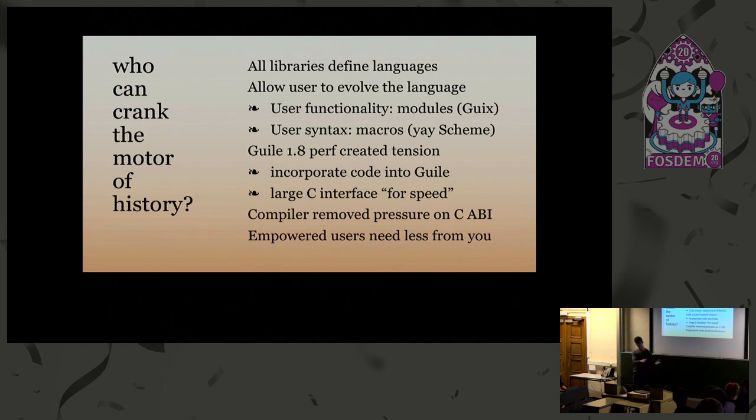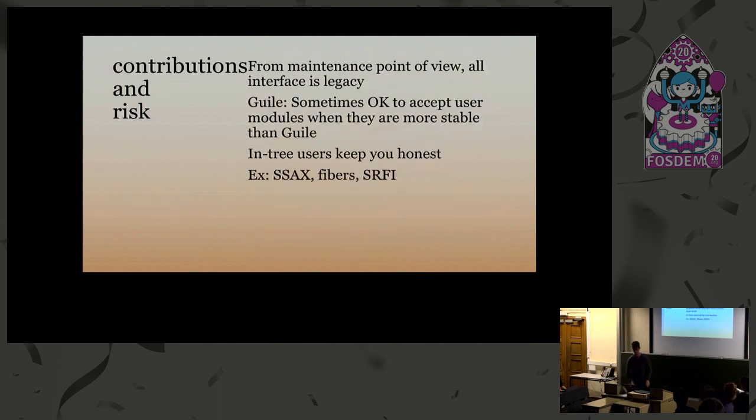And having made this leap to have a better compiler and runtime system, users can now define things in Scheme that are acceptable generally. So my lesson here is that if you empower your users to create things that sit as peers to the facilities defining the language, then they need less from you, which is good because I don't want to do things.